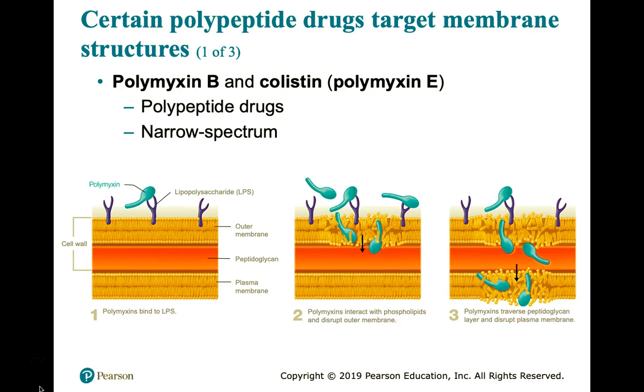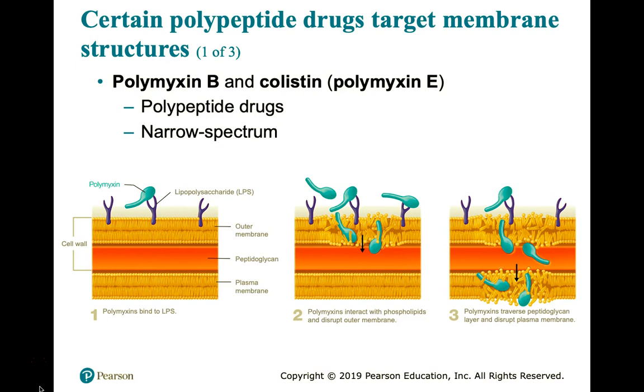Basically what it does is it triggers changes in the permeability of the plasma membrane. And when the permeability changes, things leak out of the cell, and the cell will eventually die. This is a more narrow spectrum antibiotic, meaning you give it for very specific pathogens.